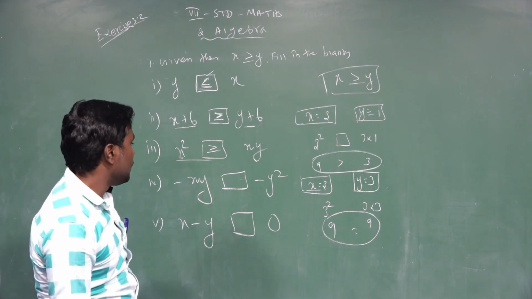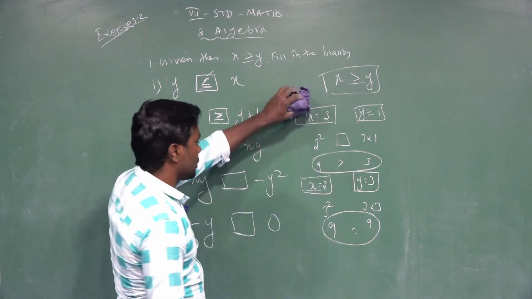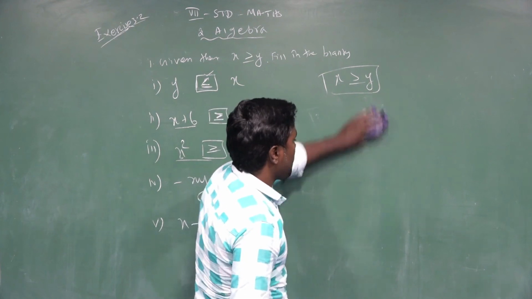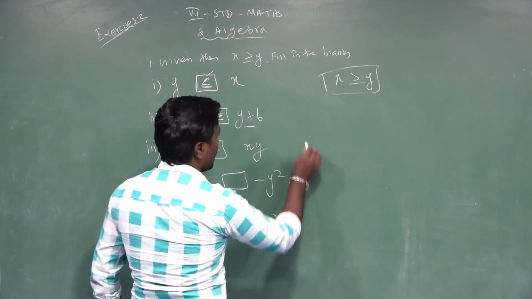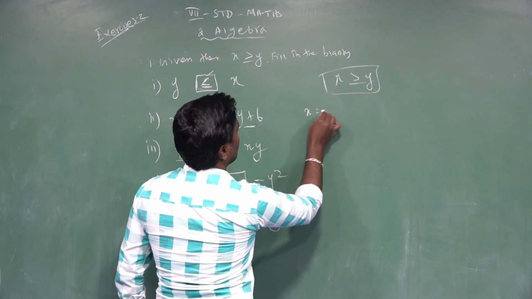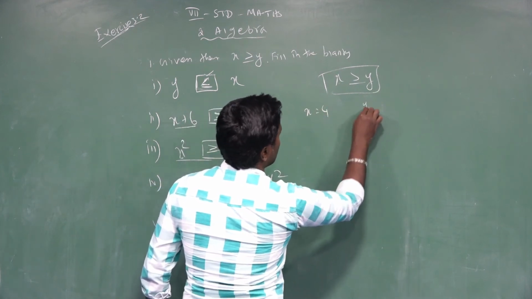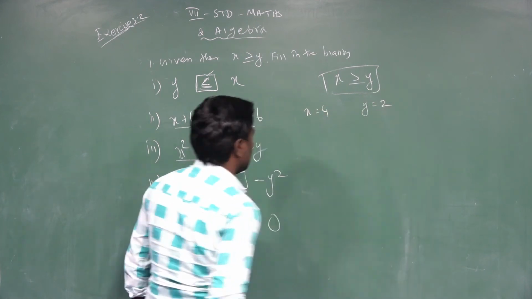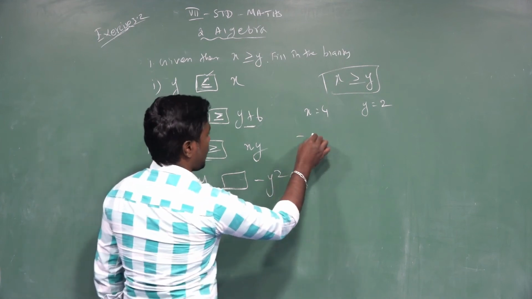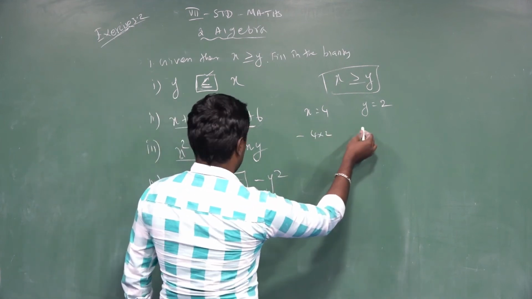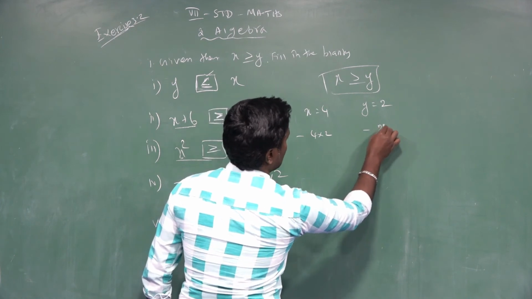And minus xy minus y square. Again take the values for x and y. Here x is 4 and y is 2. So minus of 4 into 2 and minus of 2 square.